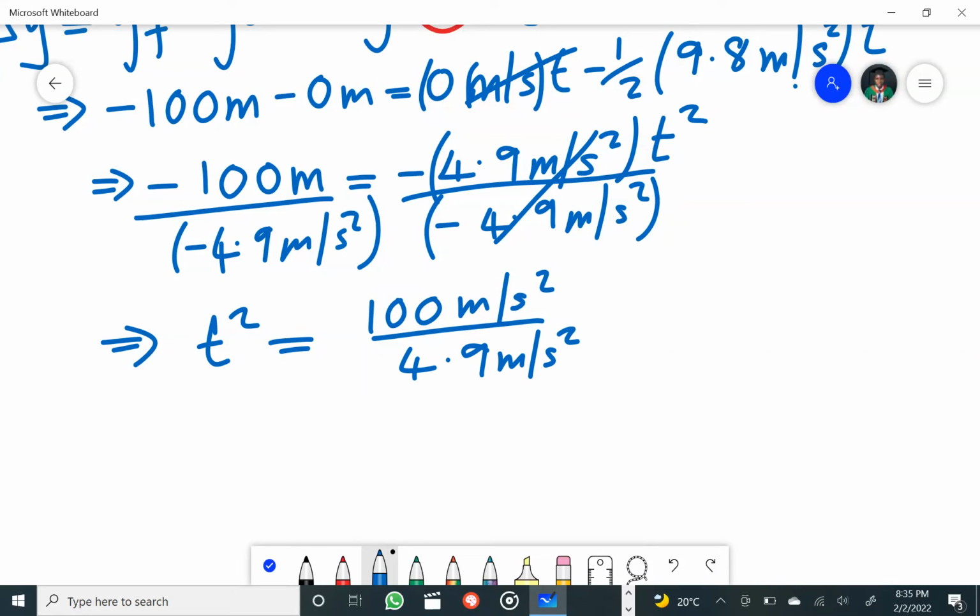Sorry, the one on top shouldn't be meters per second squared. Pardon me, that should just be meters.